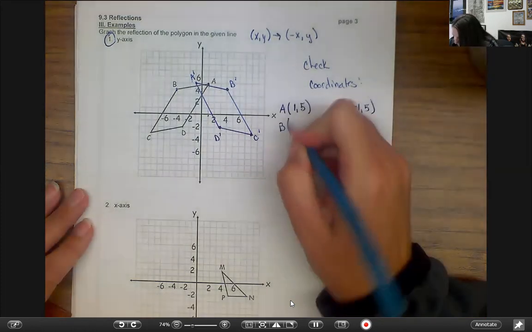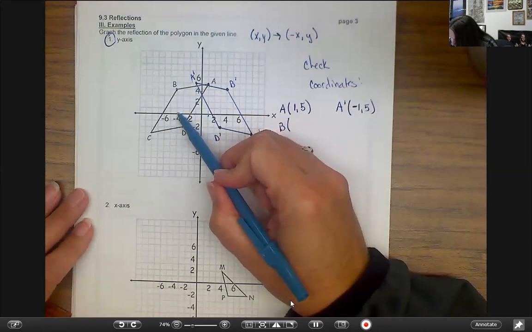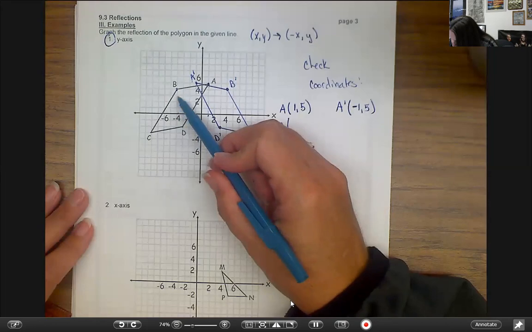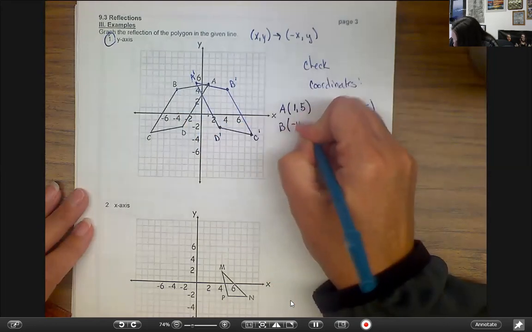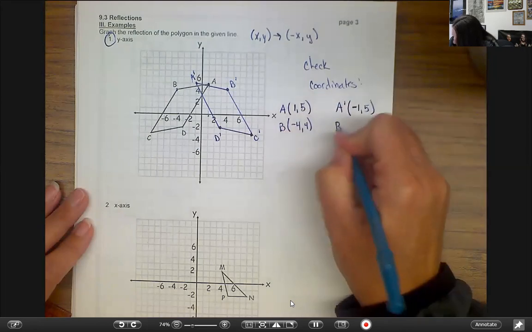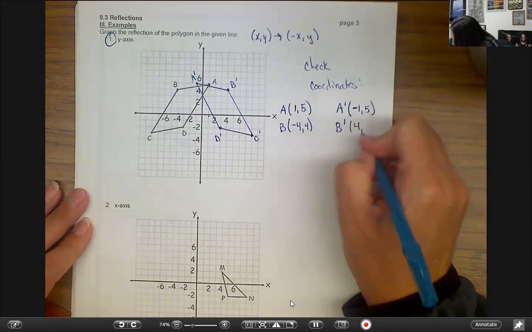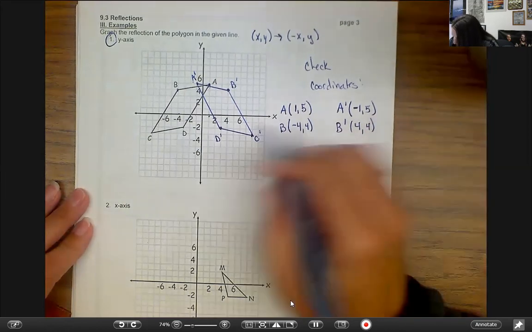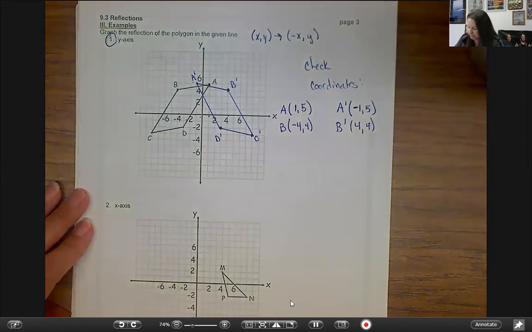Okay, B was located at -4, 4. So B prime, that should change sign, should be at 4, 4. And 4, 4 is where we see B prime.